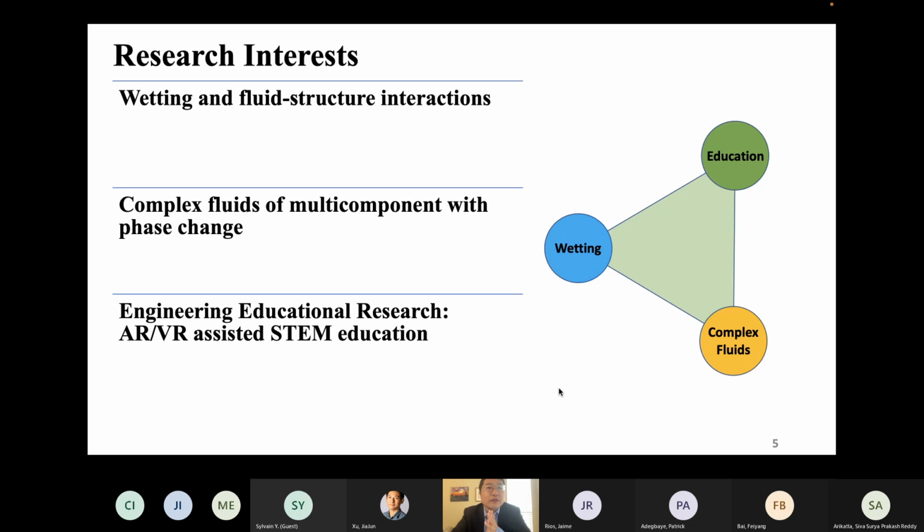For me personally, I have three different areas. Wetting and fluid-structure interactions is the first part, and it is also the part I'd like to share today for the bioprinting study. Then I also work on lots of complex fluids. Those complex fluids are multi-component, with different substances, like supercritical CO2, hydrocarbons, and other substances all together.